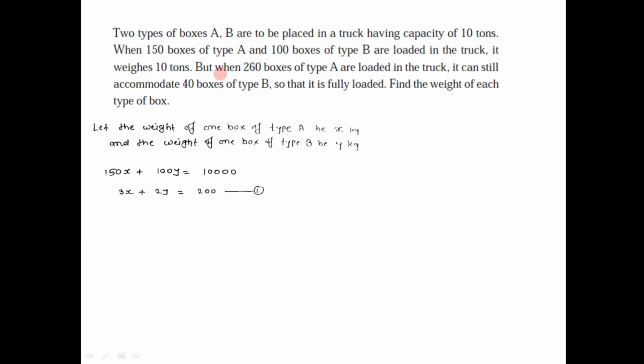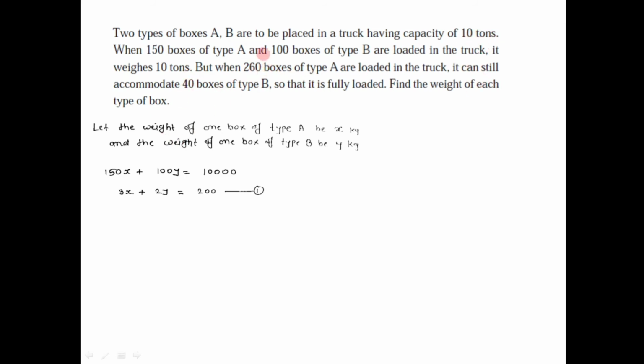For that, we have to use the second condition given. When 260 boxes of type A are loaded in the truck, it can still accommodate 40 boxes of type B. That means when 260 boxes of type A and 40 boxes of type B are loaded in the truck, it will be equal to its capacity, that is 10 tons.